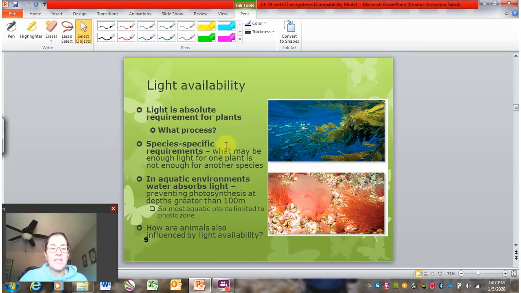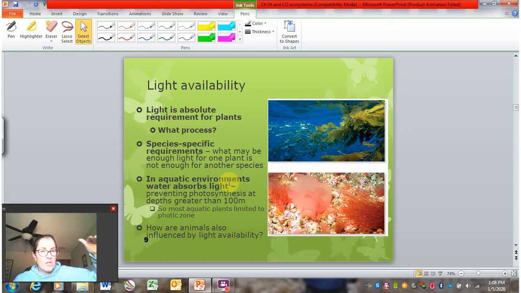Now, how much light they need is really dependent on the species. So some plants are adapted for shade, and so they can do well with less light than other plants. In aquatic environments, water absorbs light, so light shines onto the water, and the water only makes it a certain depth. In fact, a lot of the energy is lost even within 1 meter.